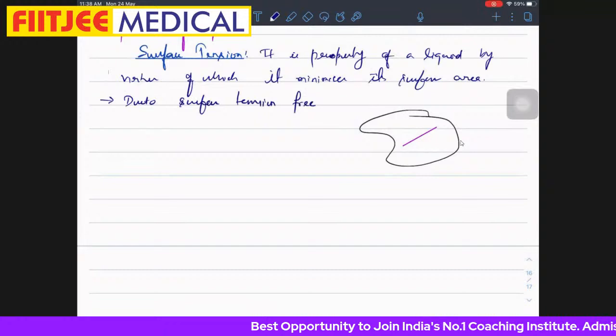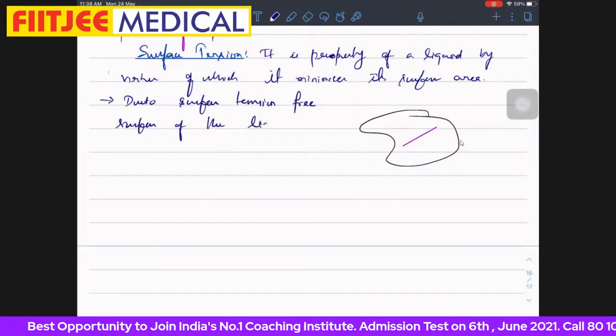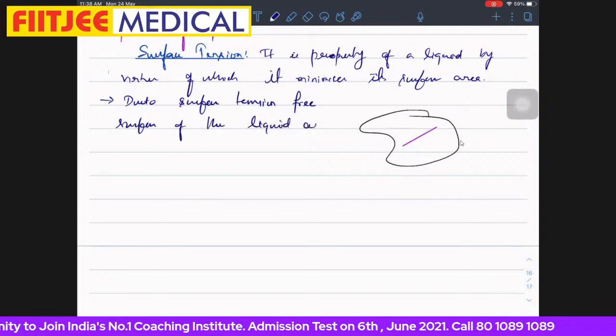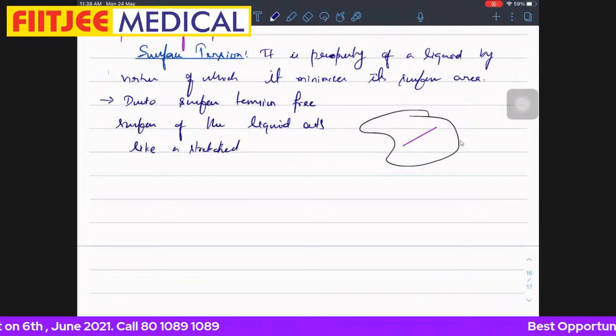The free surface of the liquid acts like a stretched membrane.